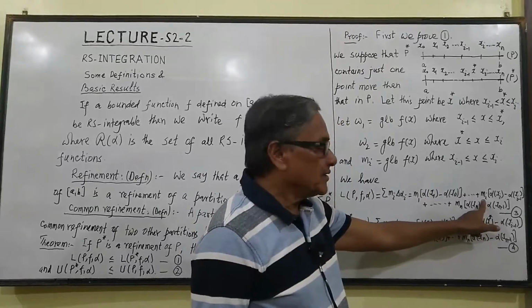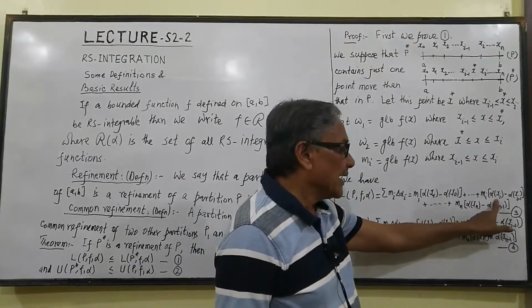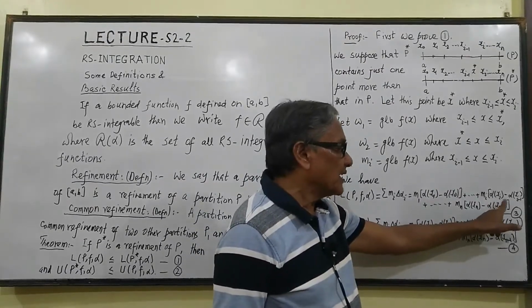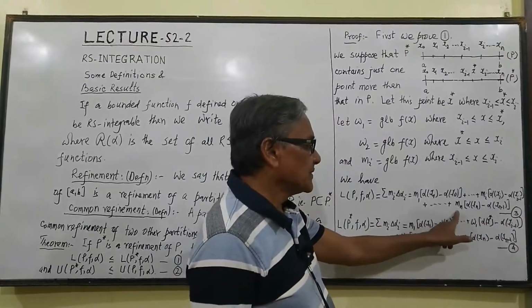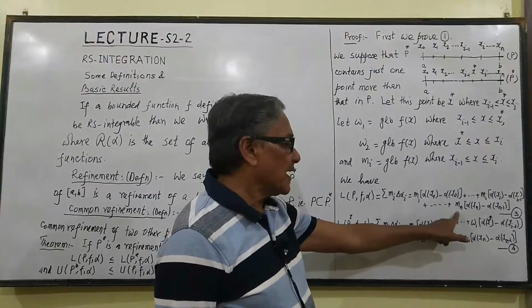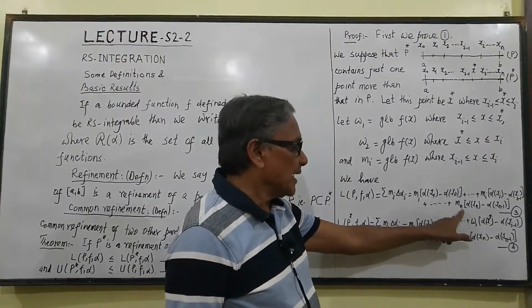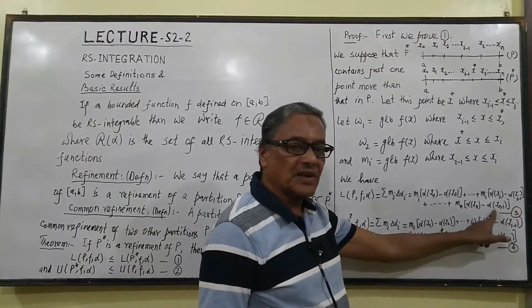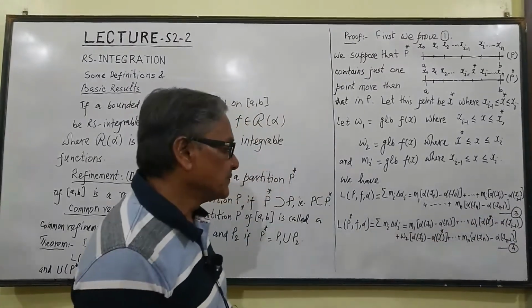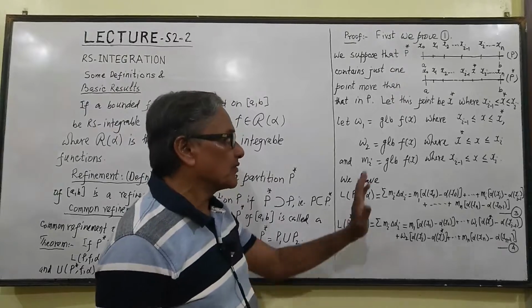Then when i is i, it will be m(i) multiplied by alpha(x(i)) minus alpha(x(i-1)), and so on. For the last term, when i is equal to n, it will be m(n) times alpha(x(n)) minus alpha(x(n-1)).